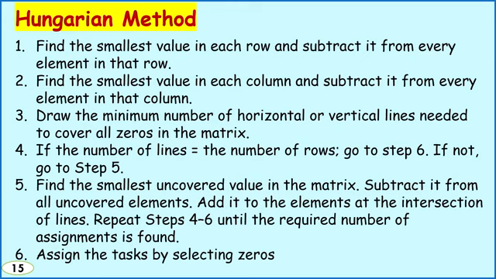These steps we already discussed in the assignment problem, and these 5 steps we need to remember in order to apply this Hungarian method for the salesman problem. So here the first is row operation, column operation, then drawing the minimum horizontal and vertical lines. If the horizontal and vertical lines are equal to the number of rows, then we can assign the task. If not, we need to do some more iterations by following step 5.